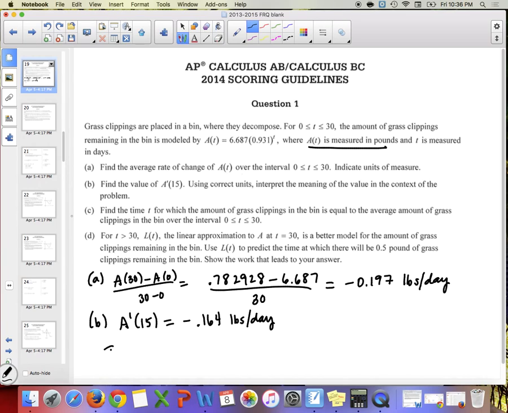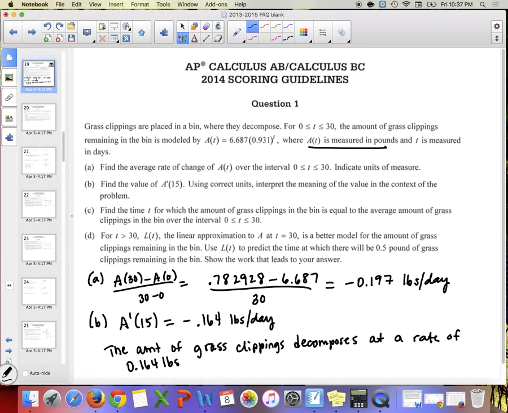I would say the amount of grass clippings decomposes at a rate of 0.164 pounds, or you could even say decreases at a rate of 0.164 pounds each day, at time, and you always have to say at whatever time this was. So at time t equals 15 days.